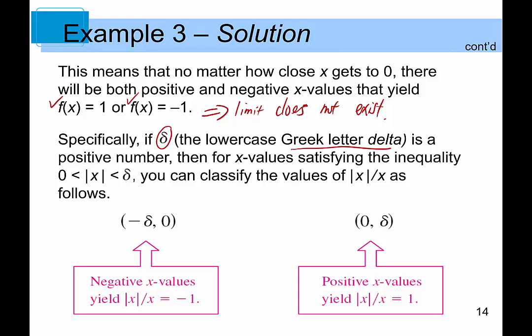Negative delta, comma, 0. Negative x values yield negative 1, and positive x values yield positive 1.